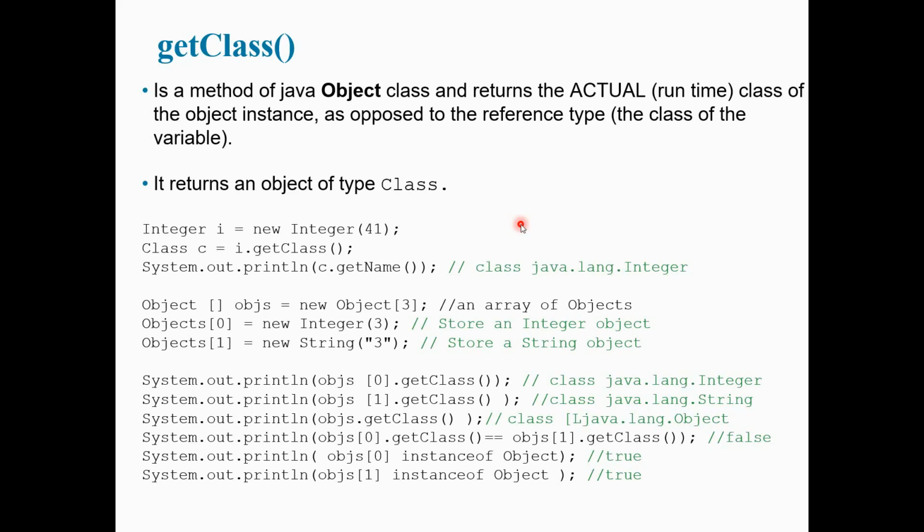the actual object instance. So suppose we have i, which is an Integer, and c, which is a Class. If c is the getClass of the integer, then what getClass returns is an instance of Class, the class name, which is the actual long version of the class.